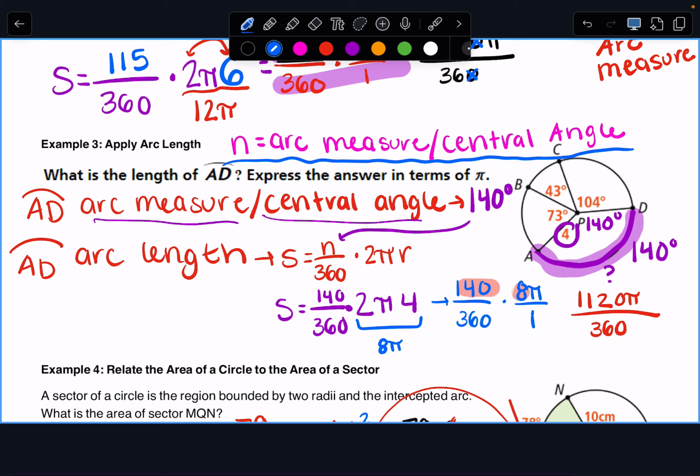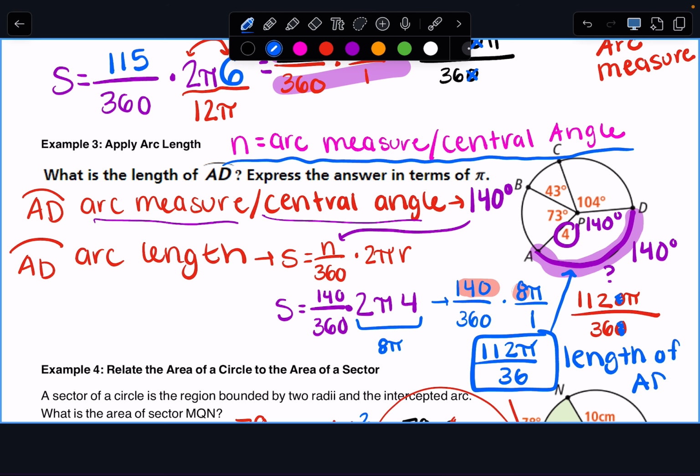The only simplifying I want us to do is if we can get rid of zeros on top and bottom, let's go ahead and cancel those out, and we'll leave our answer just like that. So 112 pi on top over 36. That is the length of arc AD. Length of AD. And we'll do a little arc over top to show our notation.